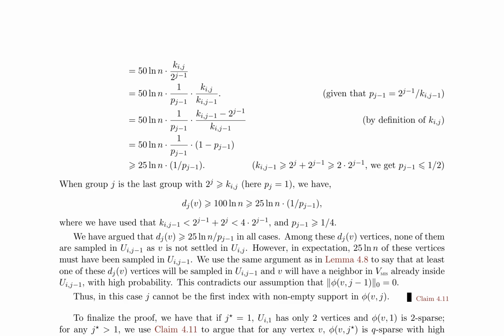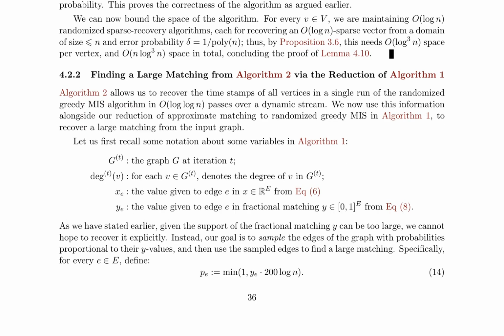This leads to the conclusion that j cannot be the first index with non-empty support in phi, v, j, and claim 4.11 is established. The proof is finalized by arguing that if j equals 1, ui, 1 has only 2 vertices and phi, v, 1, is too sparse. For any j greater than 1, claim 4.11 is used to argue that for any vertex v, phi, v, j star, is q sparse with high probability.